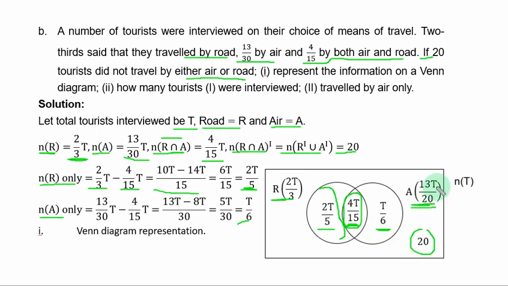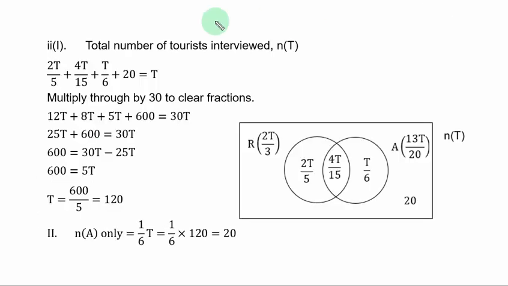Then you are asked to find the total tourists that were interviewed. That is adding everything in the subsets of the Venn diagram together. Part 1, total number of tourists interviewed: that is adding everything in the Venn diagram.